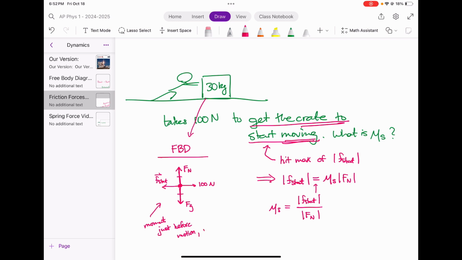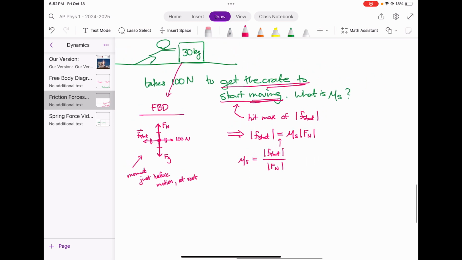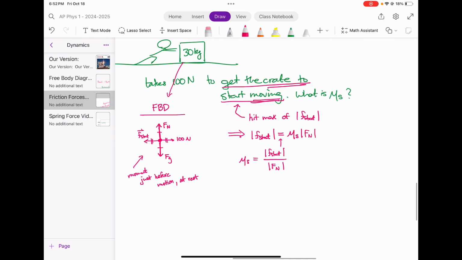Meaning that the mass is at rest. We're thinking of like 1 millisecond before the crate starts moving. We actually have a balanced force diagram here. And so actually what we can say is the magnitude of the force of static friction is 100. That's the only way this situation is balanced.